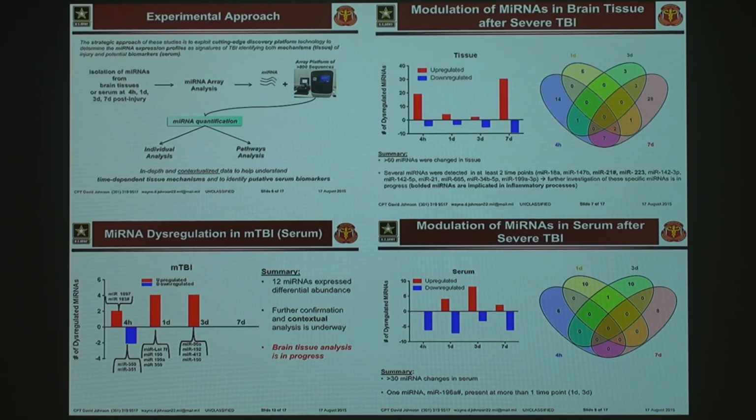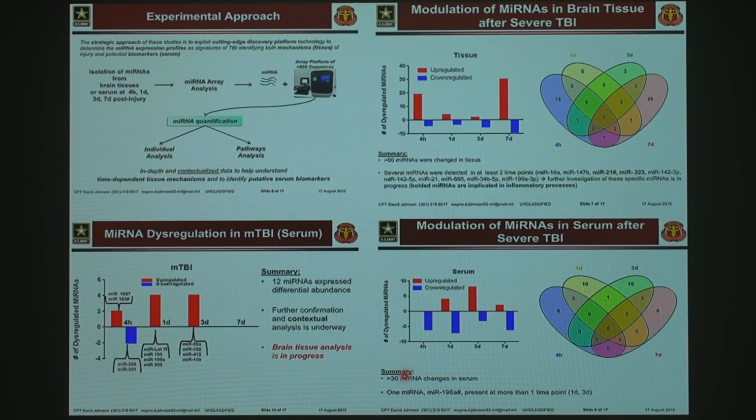And so this is where we kind of focused our attention, because this is what will allow us to use the blood as the source of determining what the changes we saw are and whether or not they can be used as diagnosis of a traumatic brain injury.